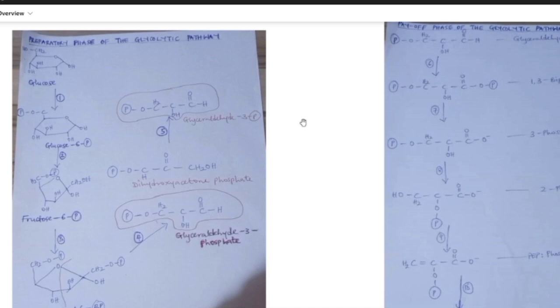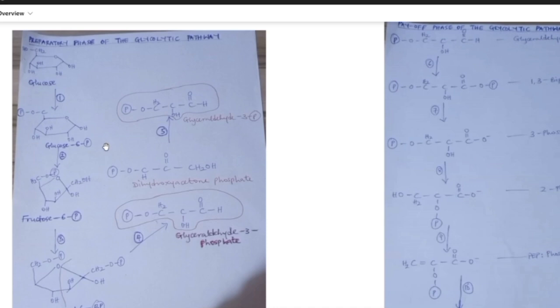We established in the first lecture that in the preparatory phase, 2 molecules of adenosine triphosphate, ATP, are used up, and in the payoff phase, 4 molecules are produced, giving a net production of 2 ATP.